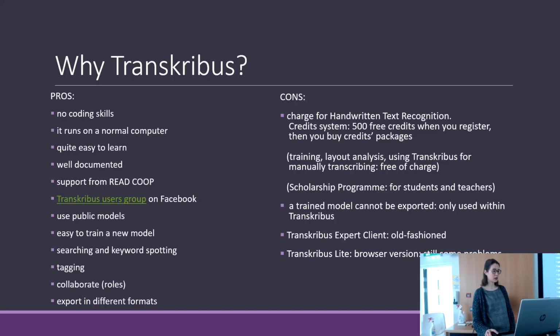You can use public models, so models that are made public by other researchers. As we will see today, we are not going to train our own model. I will explain how to train one, but it takes 1-2 months to do that, because you need some transcriptions.